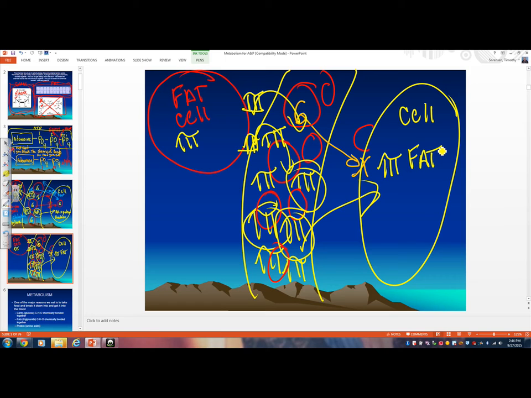And that is why type 1 diabetics, before they're treated, one of the symptoms is they lose a ton of weight, because they can't use glucose. So the only fuel that becomes available is fat.